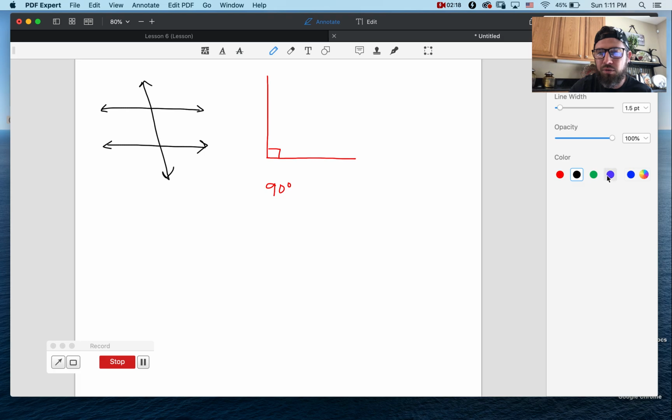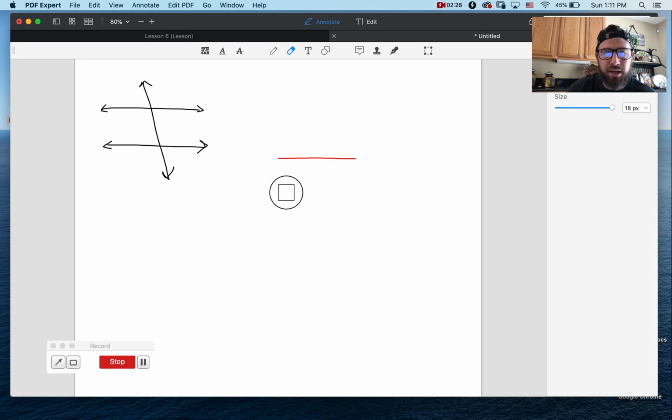If you have a 90-degree angle, and I make it smaller than 90 degrees, so I take this guy and make him less than 90, I'm going to close him a little bit. He's not going to go straight up. He's going to be smaller than 90.